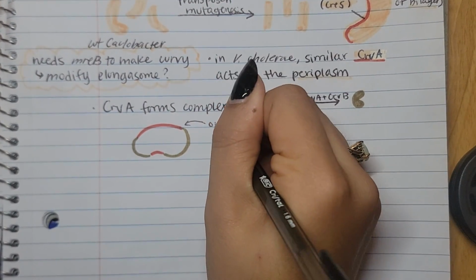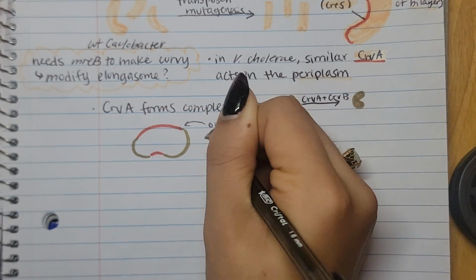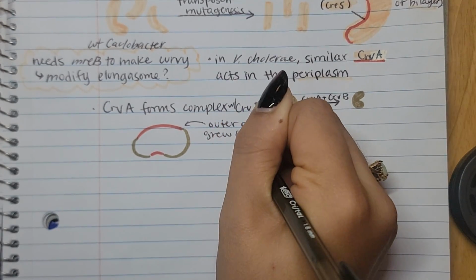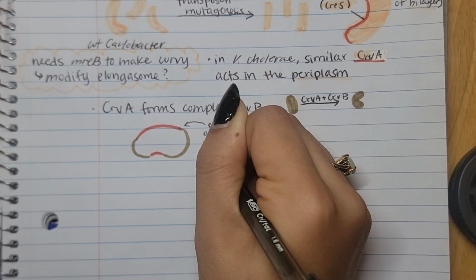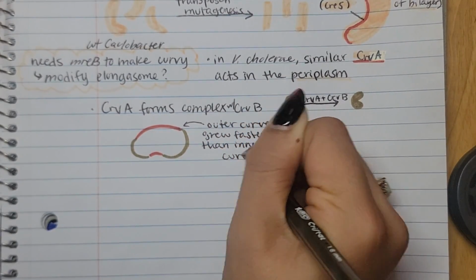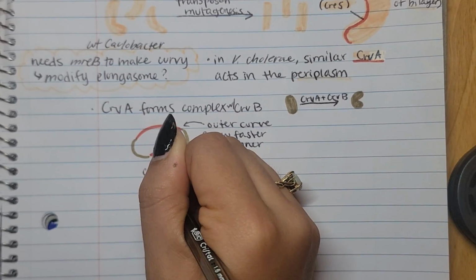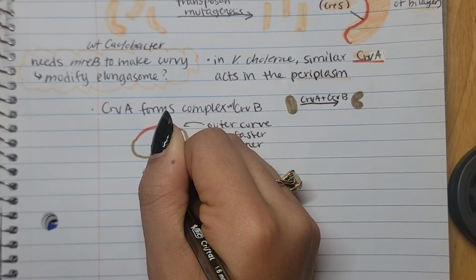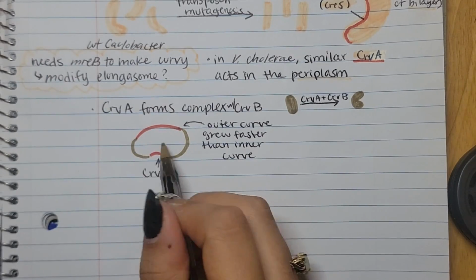So the outer curve grew faster than the inner curve. And I don't know how this happens, but CRVAB binds in this inner curve.